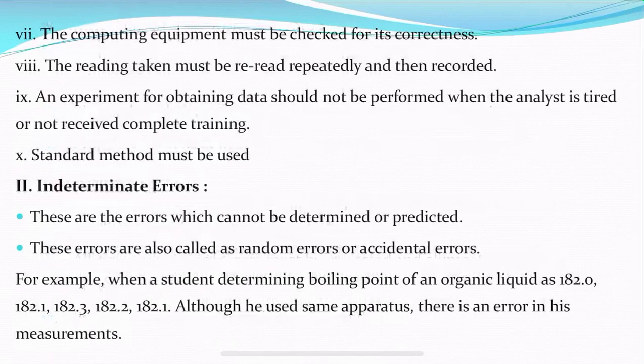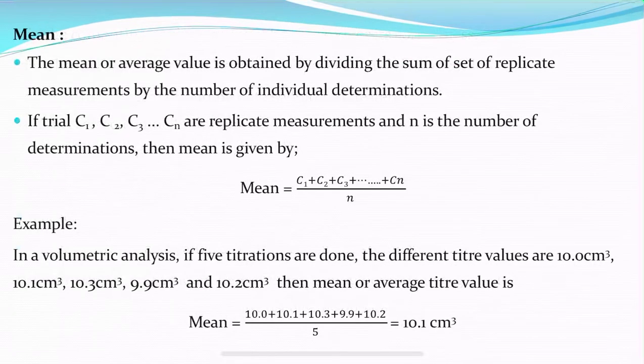Although he used the same apparatus, there is a slight error in his measurements. This error is an indeterminate error, which cannot be determined or predicted. This error follows a random distribution.